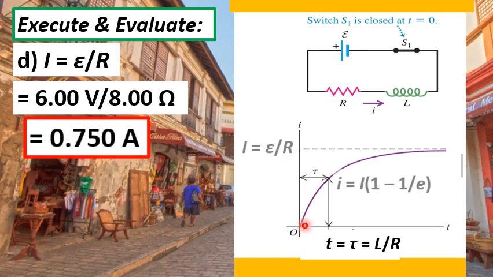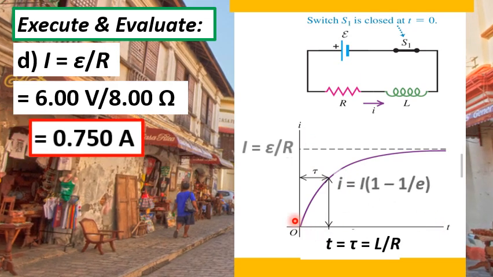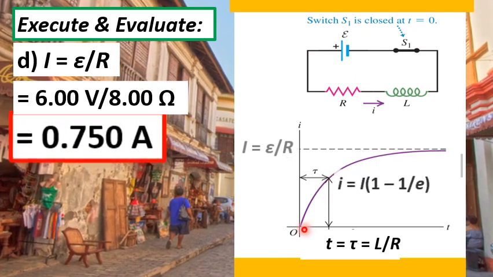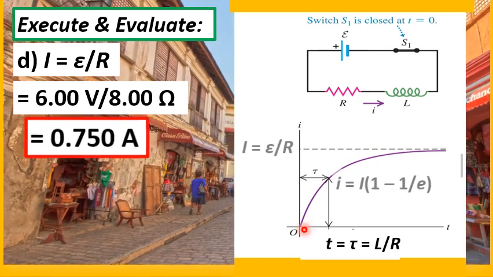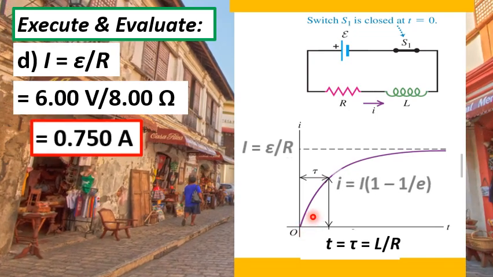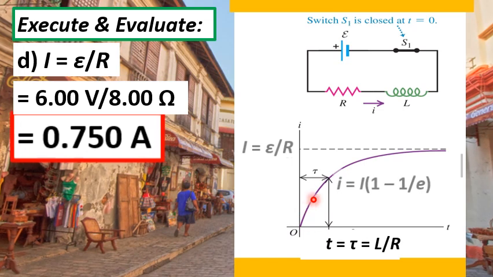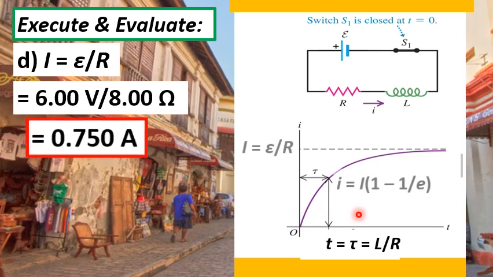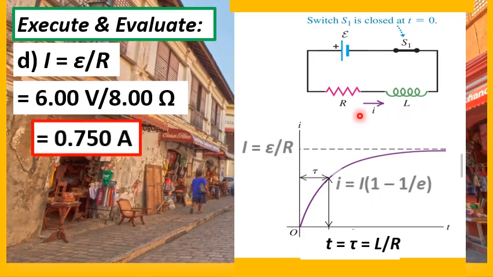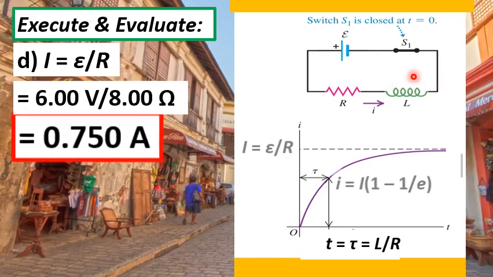So this graph of current versus time, which suggests a decreasing rate, a decreasing amount of the rate of increase in the current, is commonly known as the growth current in an inductor resistor series circuit such as what we are discussing here now.